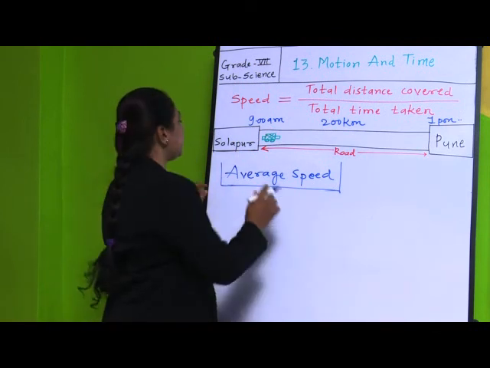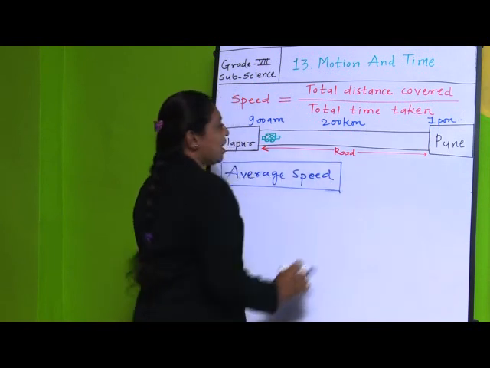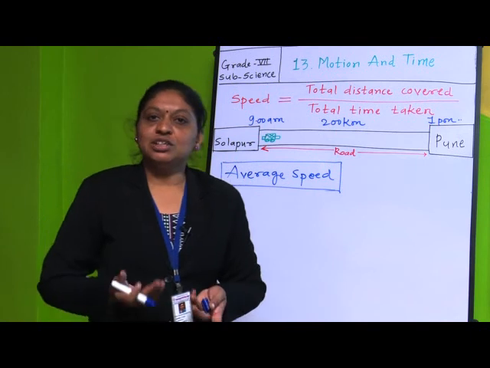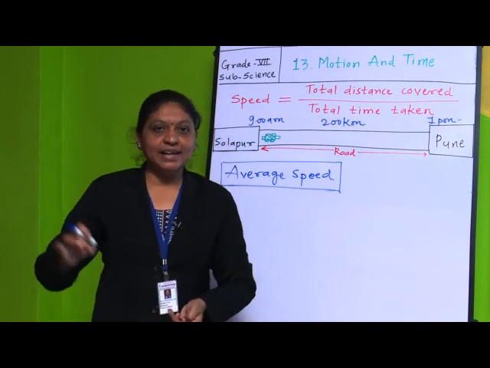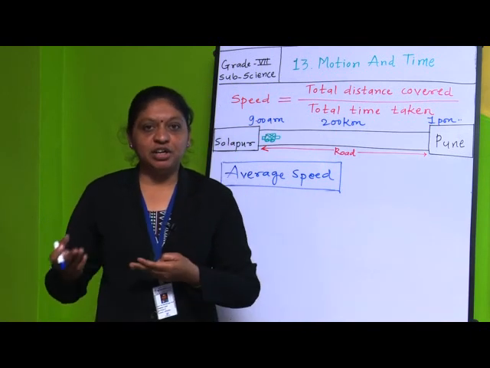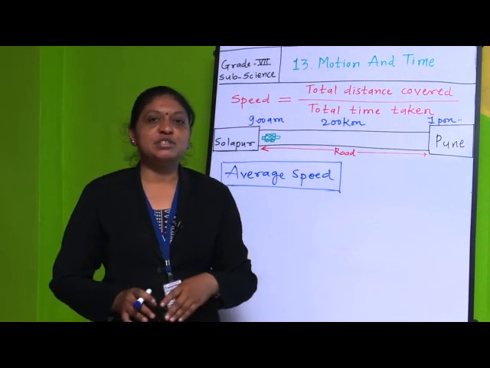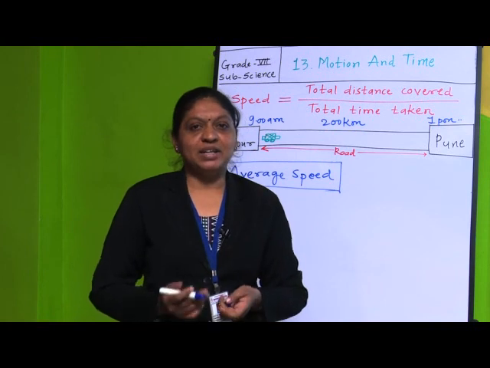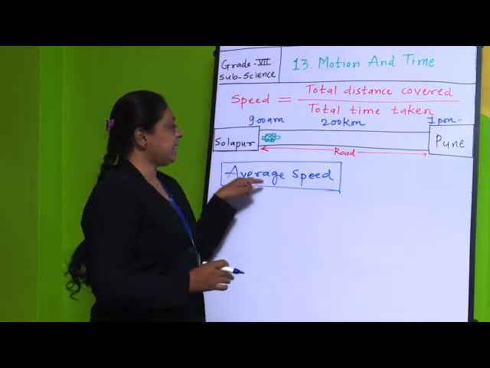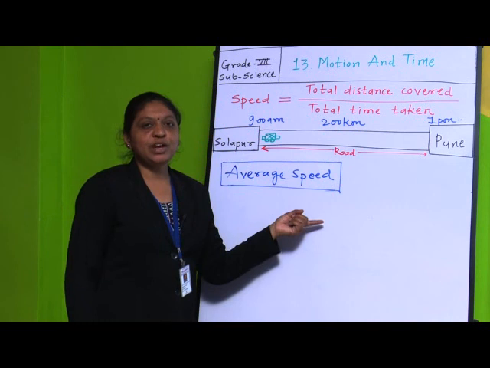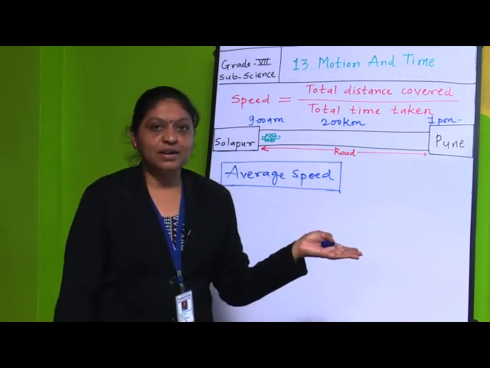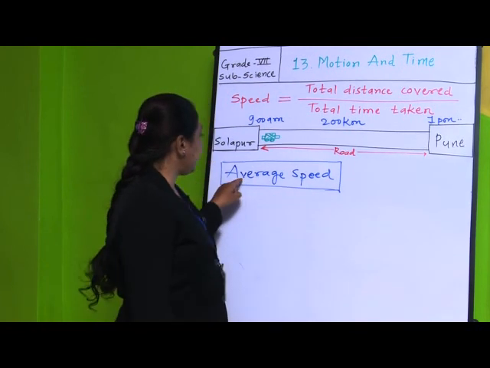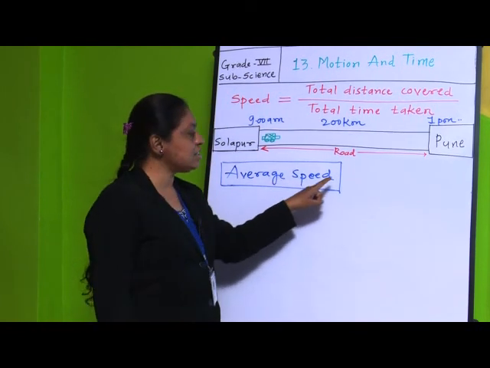Because if we say this car can go 50 kilometers in 1 hour, sometimes it will happen that it will not reach exactly at 10 am. Sometimes it will reach at 10:15, or sometimes at 9:30. So it can happen. That is why we say average speed. Whenever the car can move faster or slower, we call it average speed.